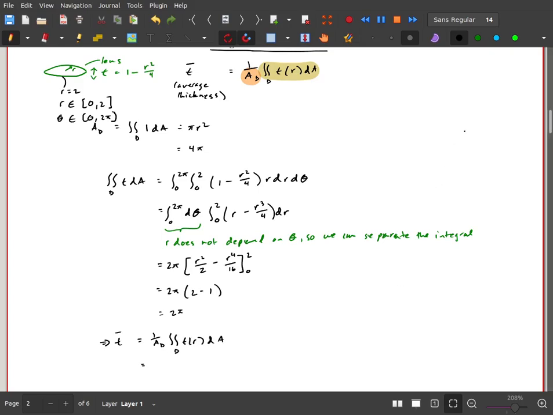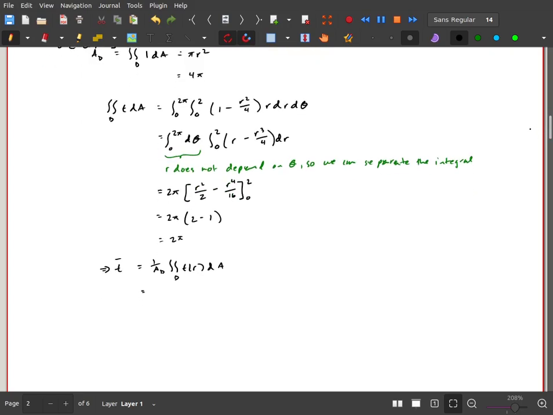Bringing in all the values, I have 4 pi and 2 pi, so that'll be 2 pi over 4 pi, which is 1/2. So this is our answer. The average thickness of the lens is 1/2 inches.